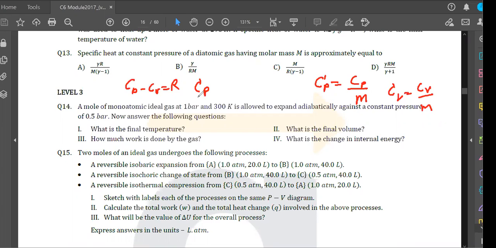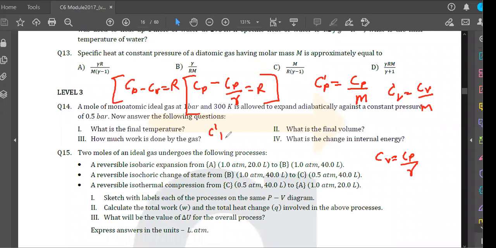I can write like this: Cp minus... Now we know that Cv is equal to Cp by gamma. Yes or no? Cv is equal to Cp by gamma. So I can write like this: Cp by gamma is equal to R. Right? This is your second statement.